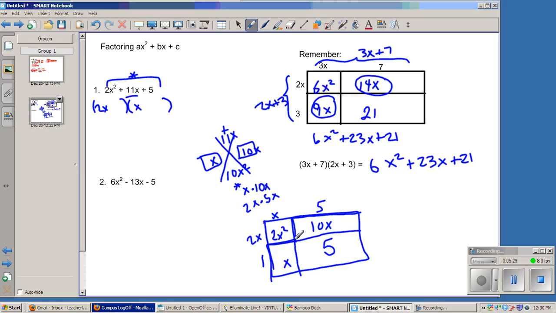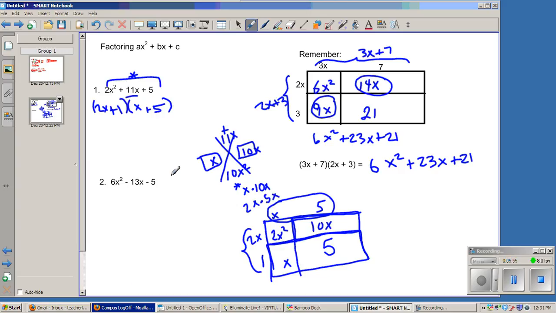Now it stands to reason that this length is 5, this length is 1, so this is 5. Therefore, my factors are going to be x plus 5 and 2x plus 1. So those are my factors. If I used FOIL, I would get this back.